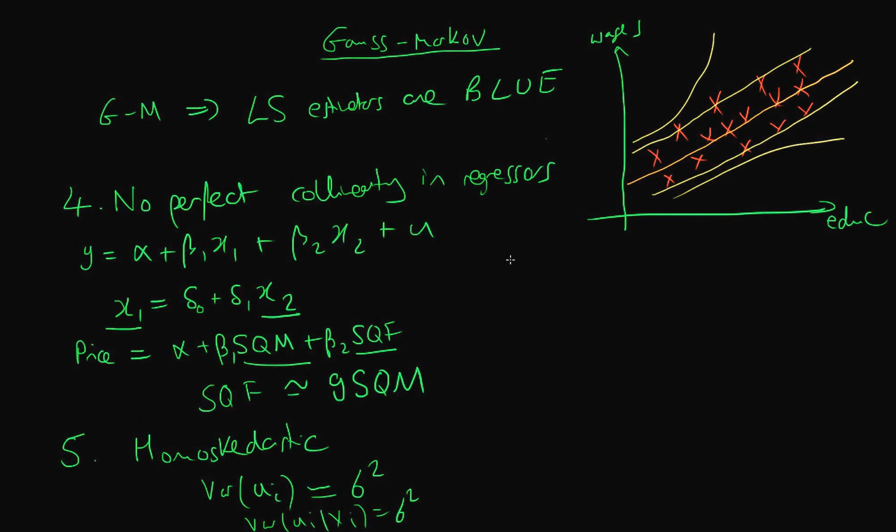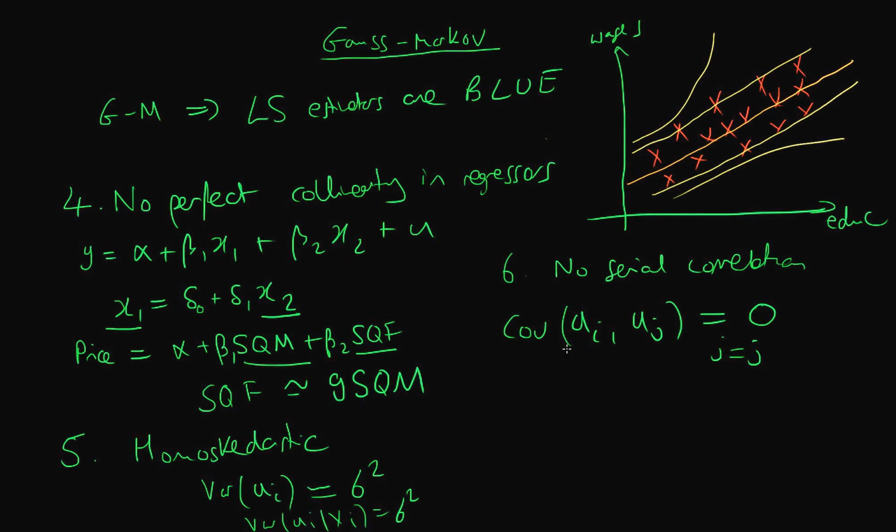The last Gauss-Markov assumption is called no serial correlation. Mathematically, this means that the covariance between a given error ui and another error uj must be equal to 0 unless i equals j, where we're considering the covariance of the error with itself, in which case we have a variance, which is assumption 5.